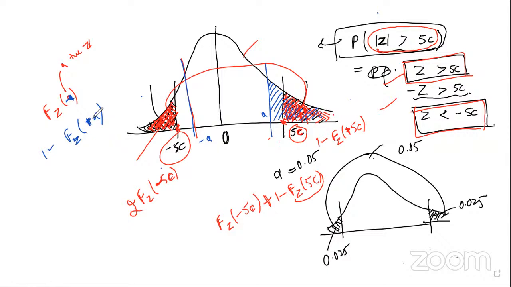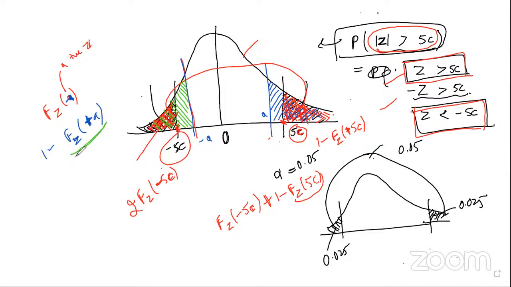Ma'am, it should be plus a, ma'am. F of minus a is 1 minus F of a. Yeah, this is plus only, I have made it plus. Yeah, correct, ma'am. So F of minus a is going to be 1 minus F of a.